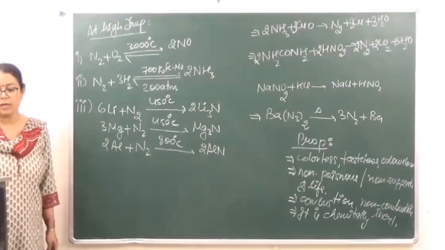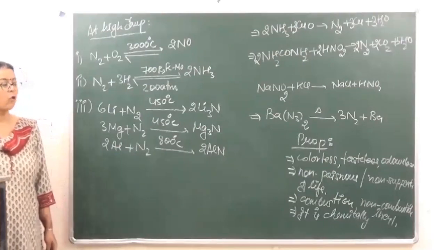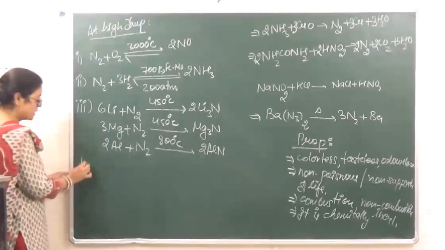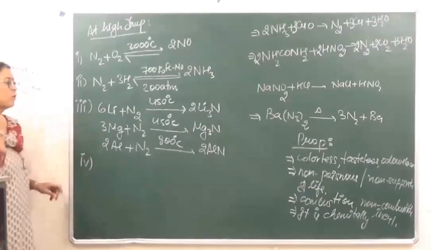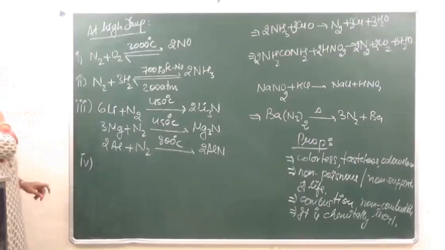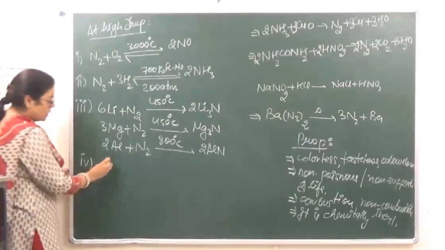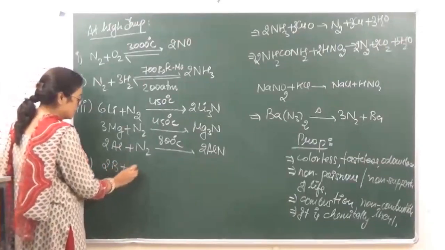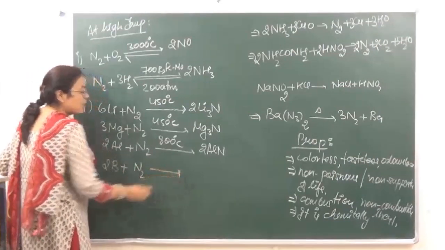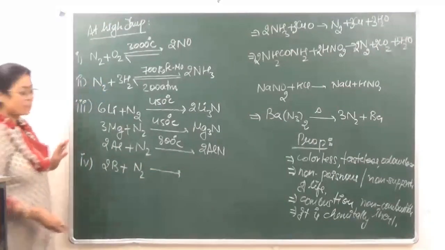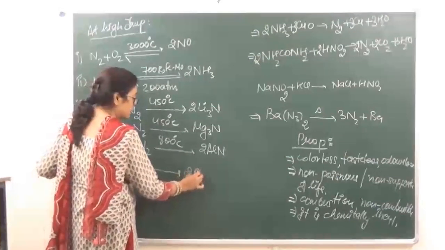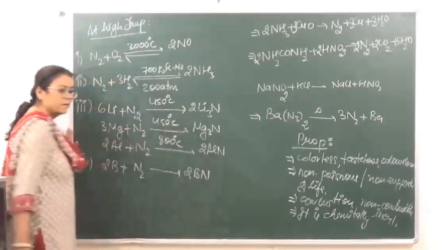Okay? फिर उसके बाद non-metals like boron and silicon also react. So the fourth reaction which we are going to do, that is the reaction with non-metals like boron. बोरोन के साथ ये रिएक्ट करता है to give us boron nitride, right?